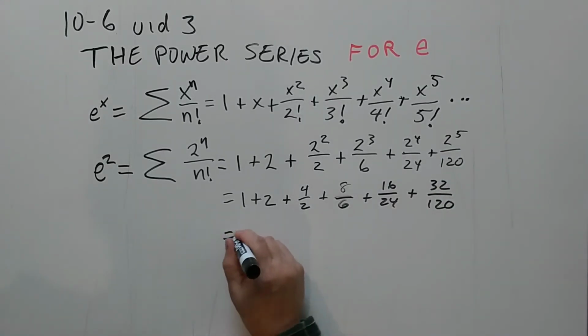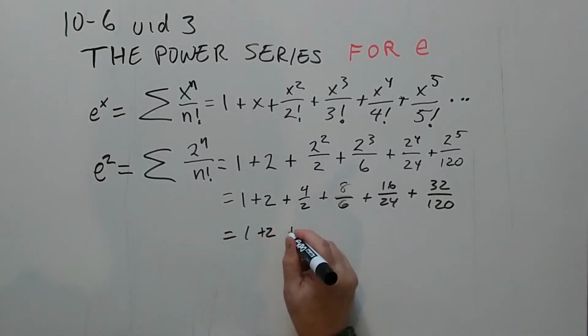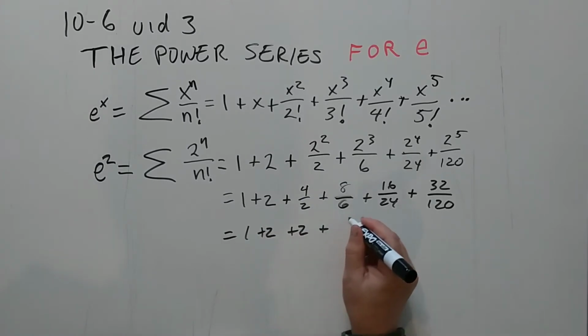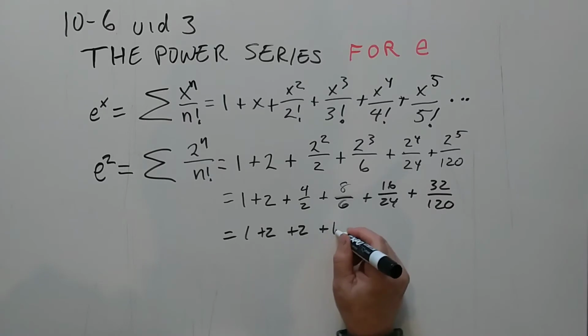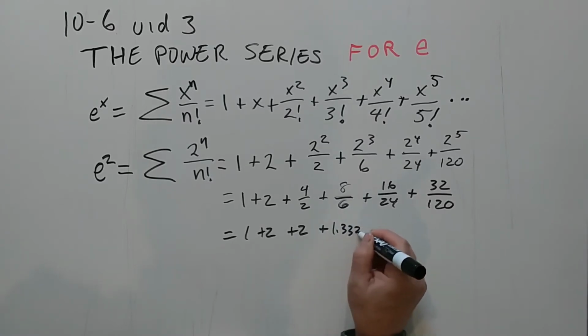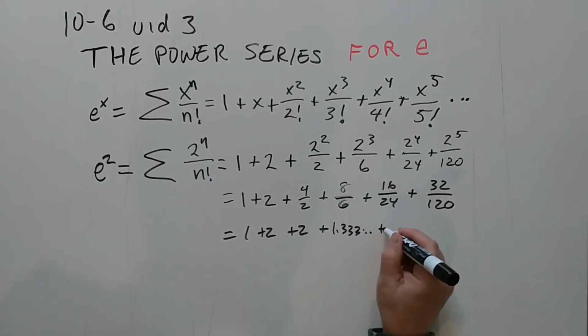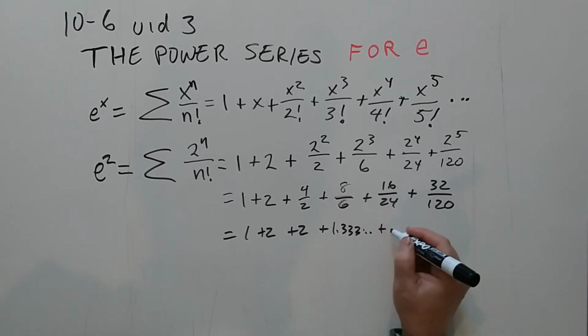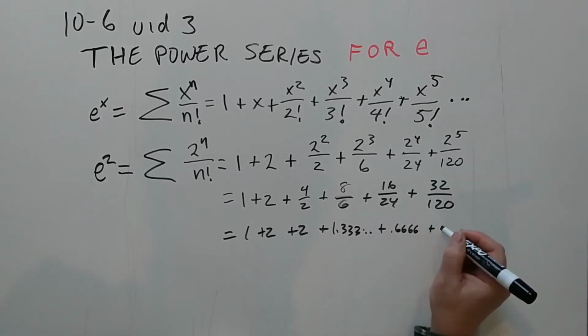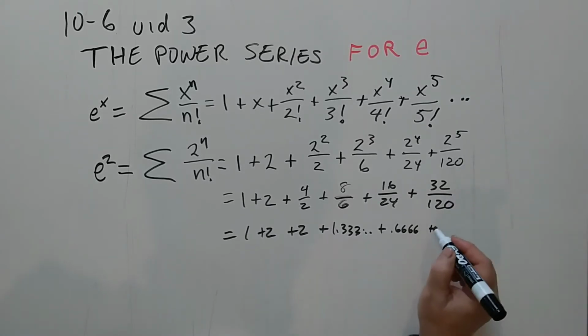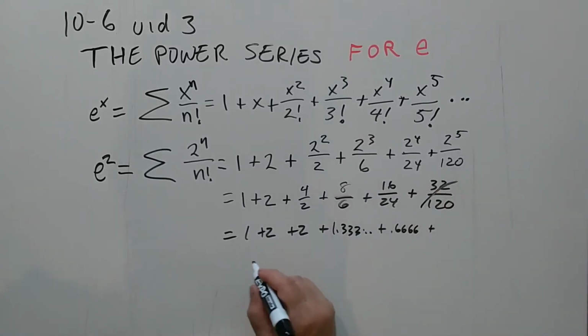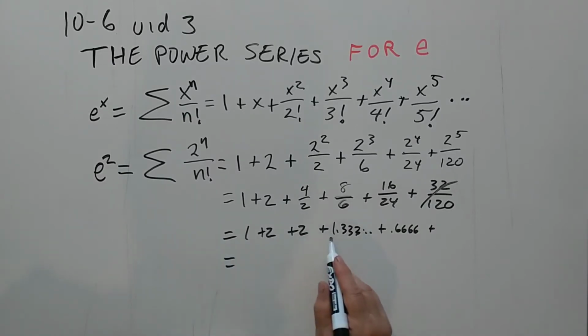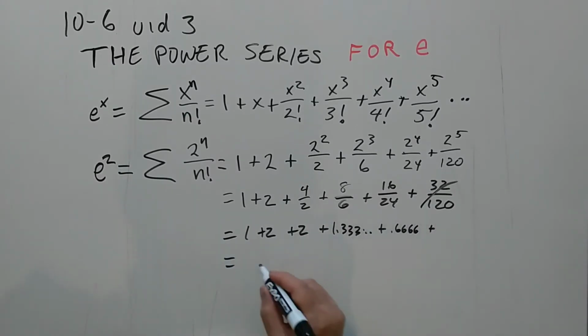So this is 1 plus 2 plus 2 plus 4 over 3, 1.333, plus 16 over 24, that's 2/3, plus, and we'll leave the last one off. This gives us 1, 2, 3, 4, 5, 6, and these two make 7.